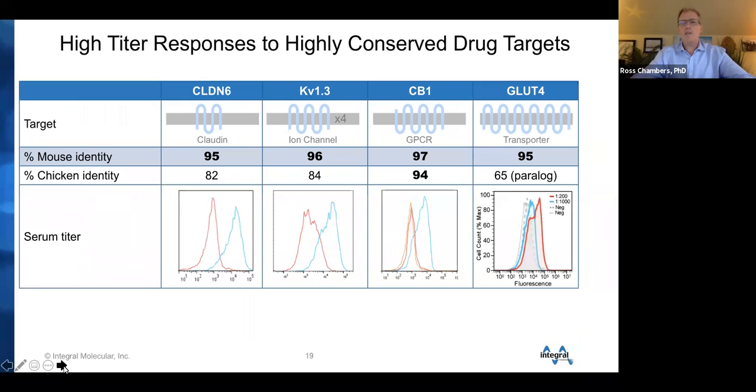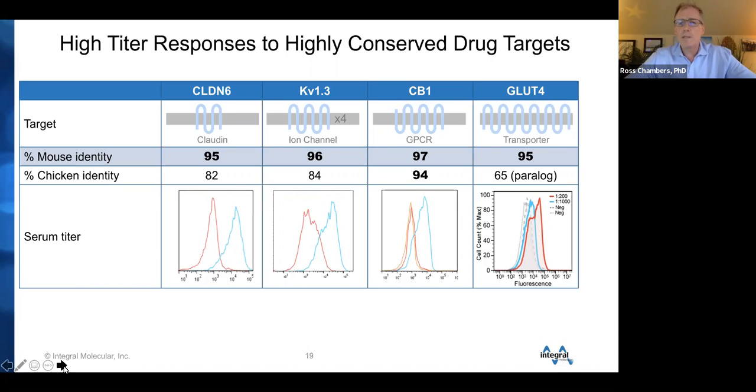Okay, so just some data to show how well this works. First, how well the chickens work with generating antibodies to highly conserved targets. Here are 4 targets that we have worked on in recent years: Claudin-6, KV1.3, CB1, and GLUT4.